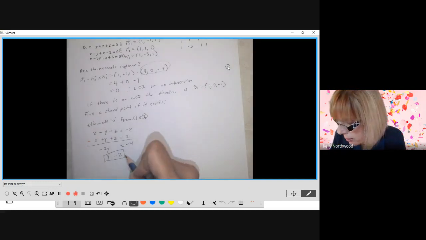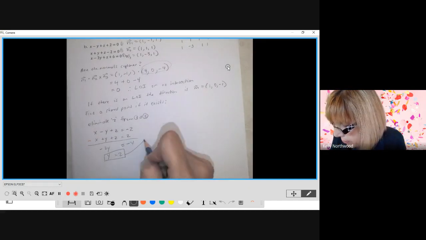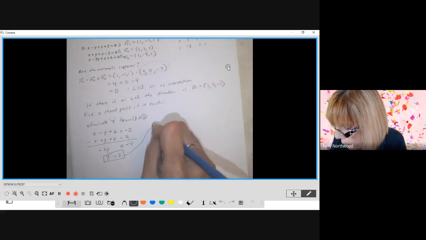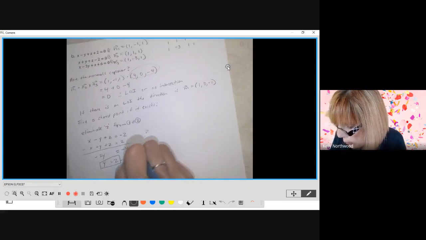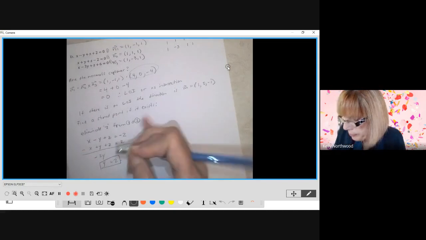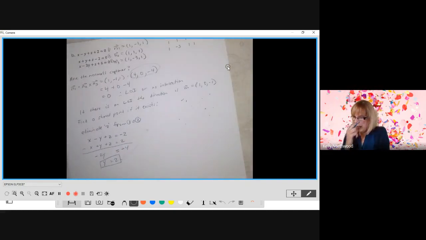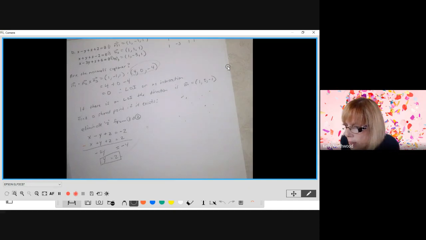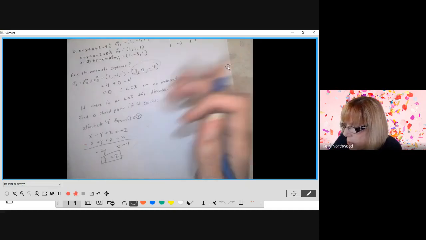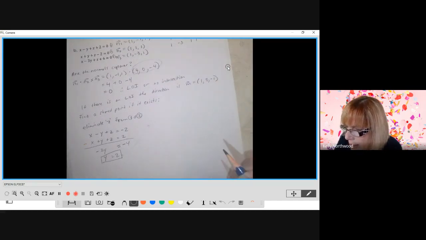So that helps us. What would you like to do next? Now that we know y is 2, now it's way easier. We can either let x equal 0 or z equal 0 and hope for the best.